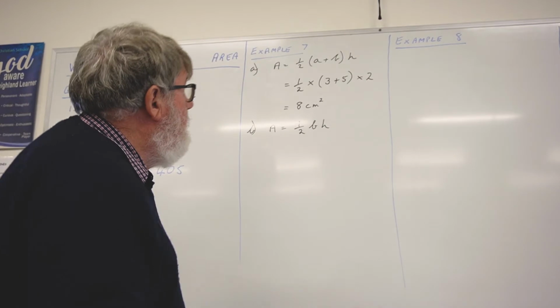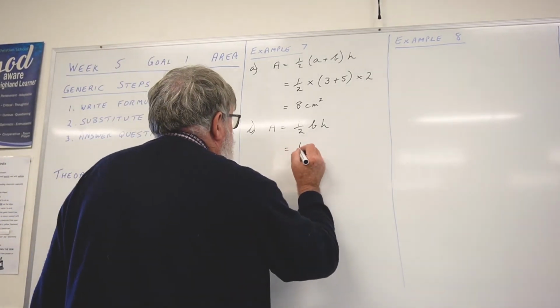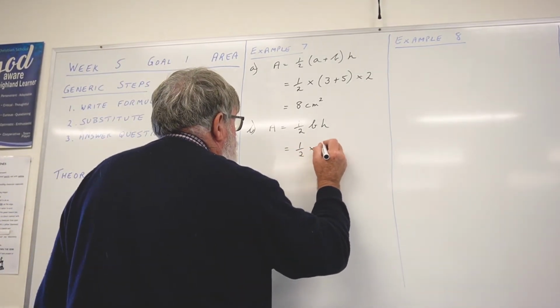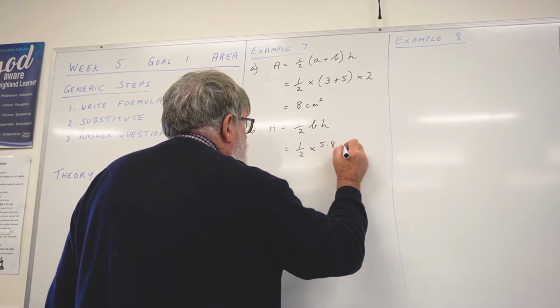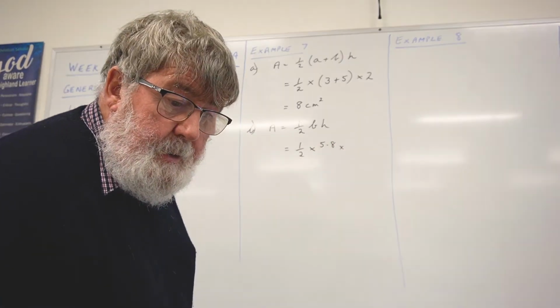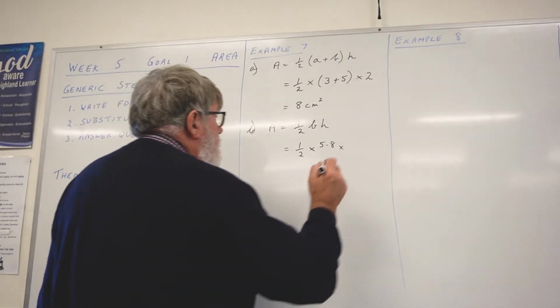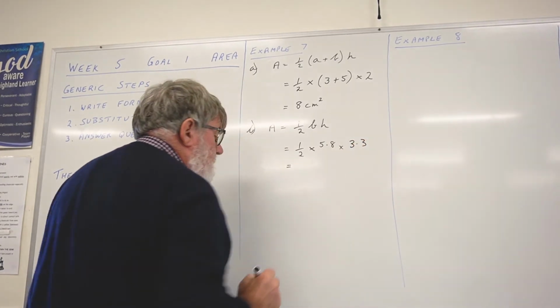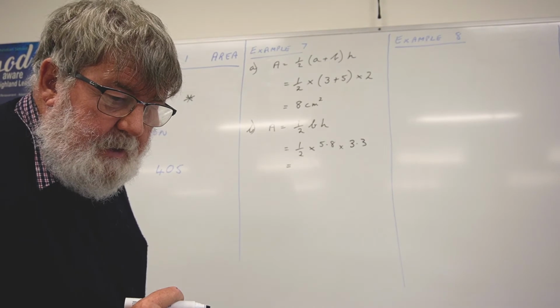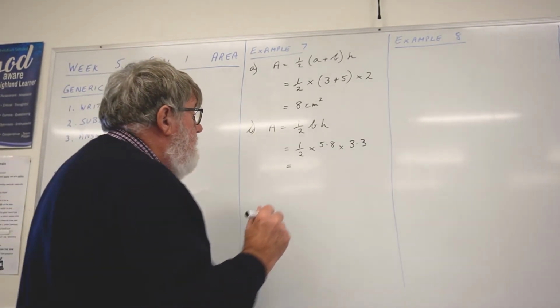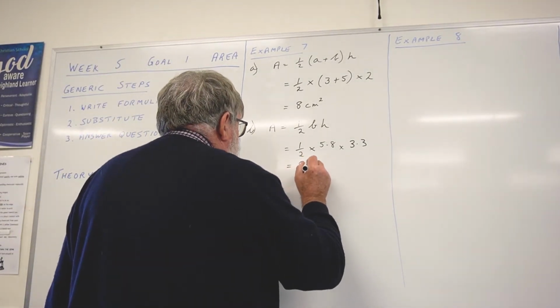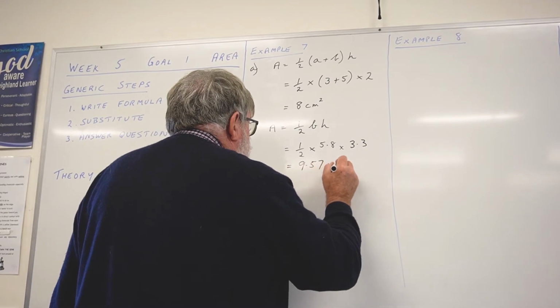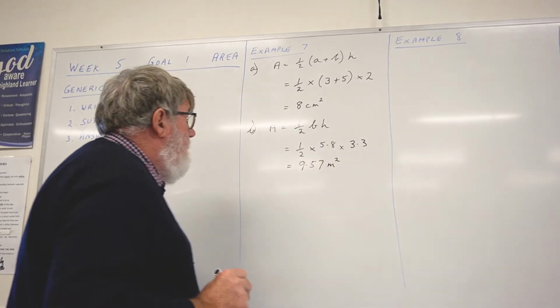From our data, it is 5.8. A half times 5.8, multiplied by the height of the triangle, which is 3.3, and in this case common sense would dictate that you would use your calculator and get an answer of 9.57 metres squared.